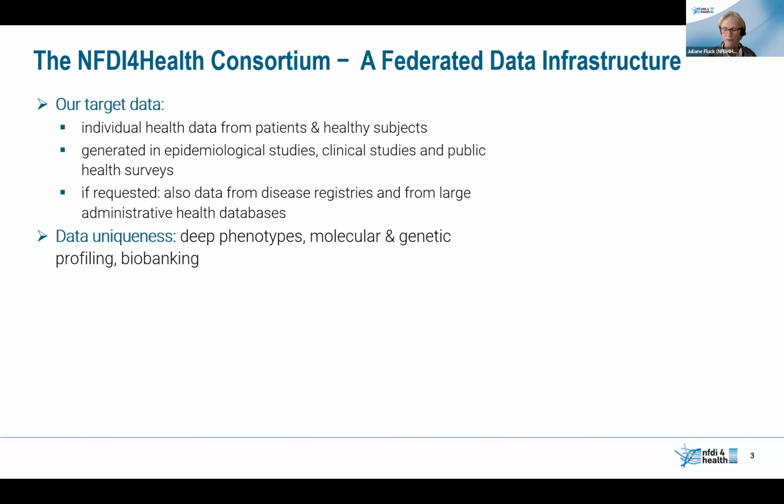And if you look for the data, what you have already seen in these two examples is that, especially for the epidemiological studies, we have really deep phenotypes, high variability, and also molecular and genetic profiling, biobanking. We also want to provide access to public health studies and clinical studies, and at least for overviews and central access, also data of disease registries or from large administrative health databases.